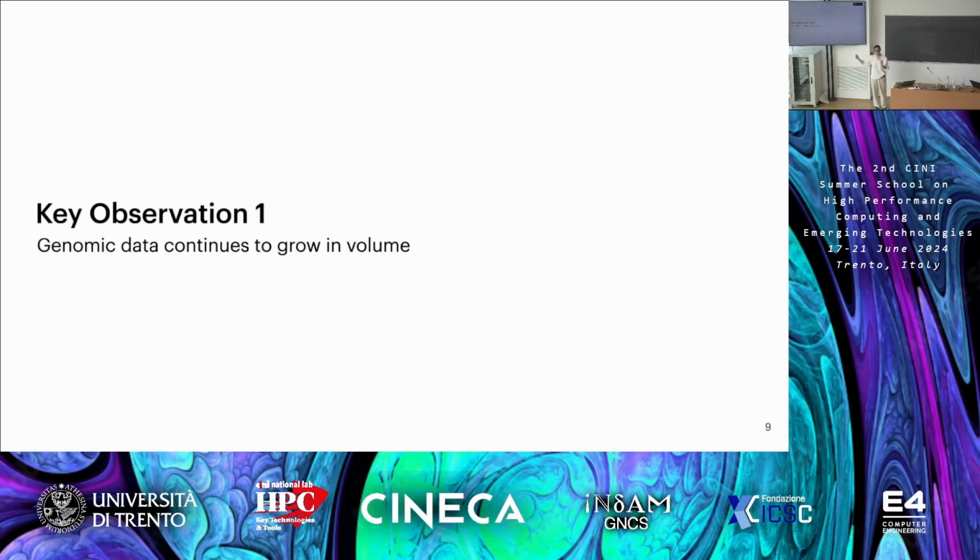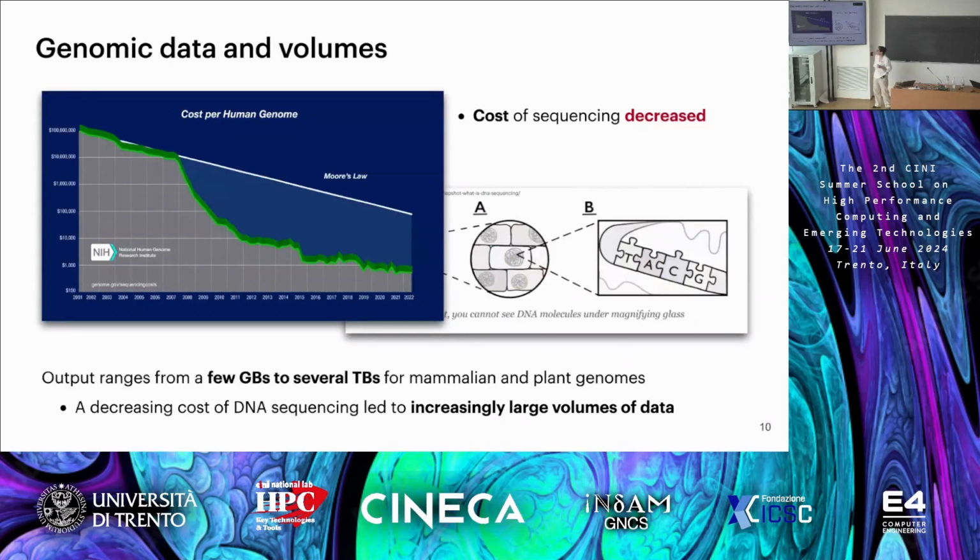And this is because the technologies that we use to sequence the DNA are getting much, much better. So this is a plot that everybody that works in this space will show you, but this is the years on the x-axis and the cost of sequencing one human genome on the y-axis. And you can see how in recent years the cost decreased significantly, much, much faster than Moore's law.